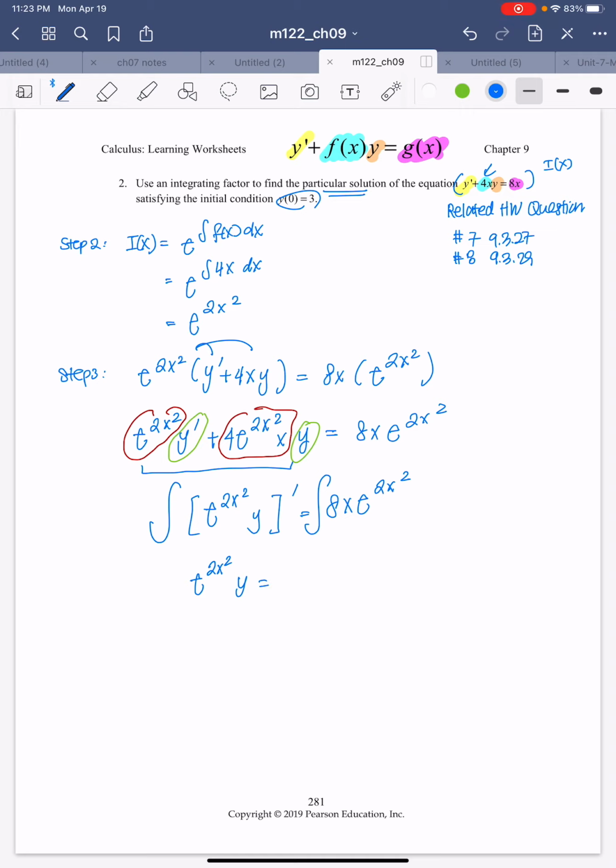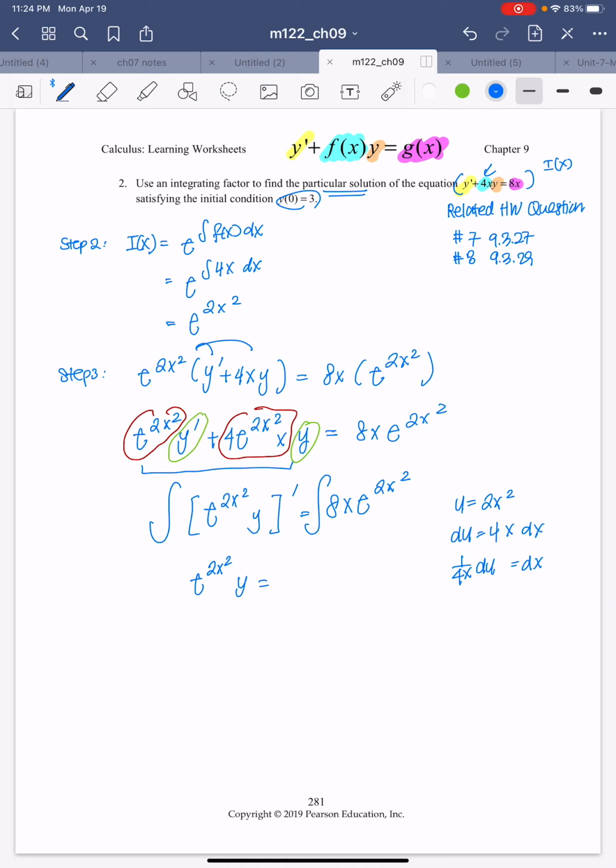On the right hand side, you can do u substitution. Let u be 2x squared. Then my du will be 4x dx, so my dx will be 1 over 4x du.